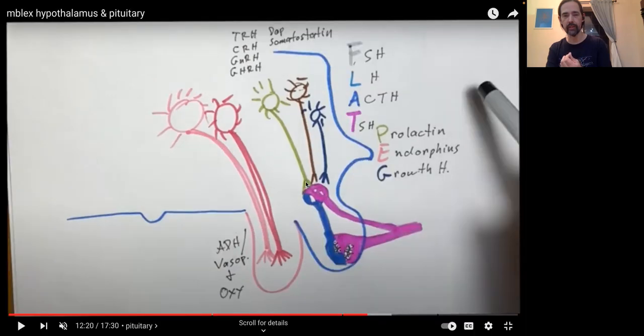Those neurotransmitters, or hormone precursors, leave the axon terminals and are absorbed into a bloodstream system which is dedicated to the anterior pituitary. It's called the portal system.